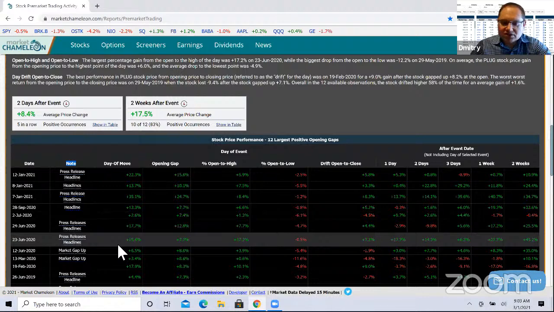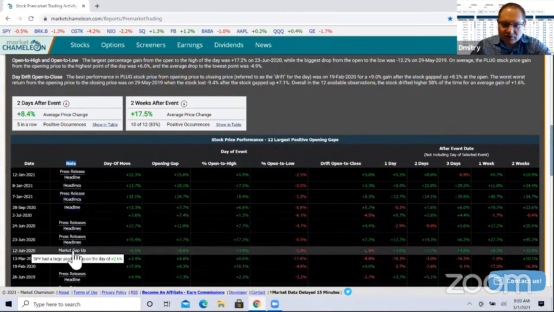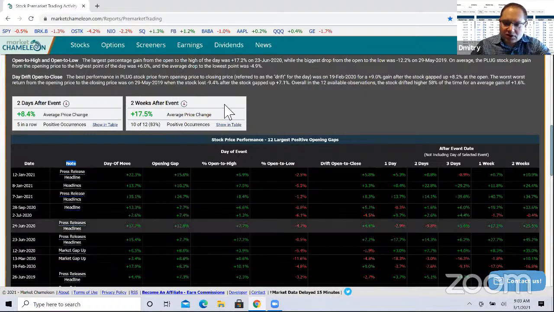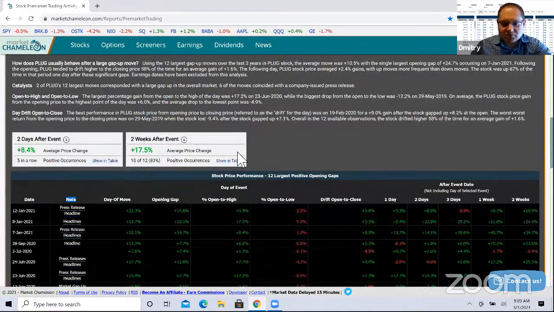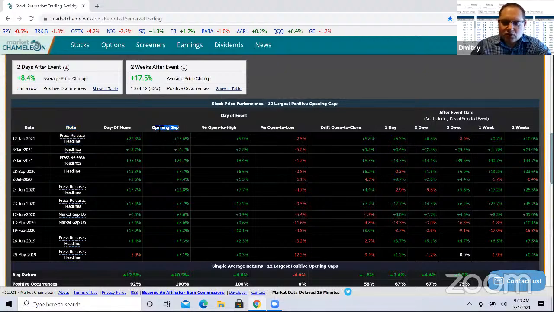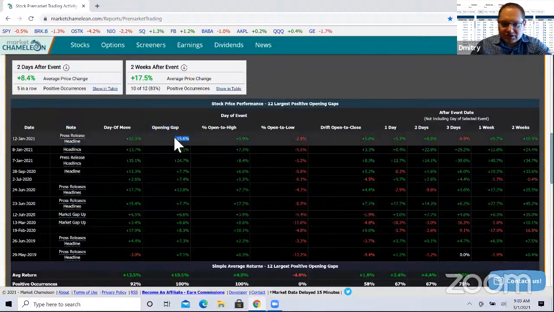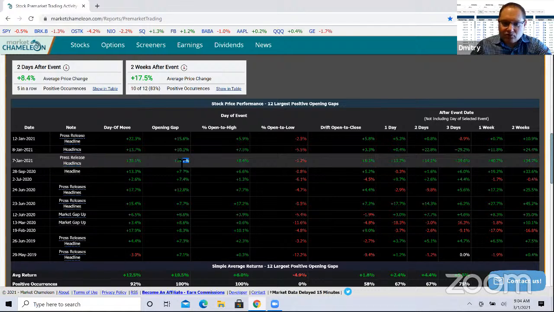If the market was up that day, we also make a note of it. Market had a big gap. For example, June 12th, SPY was up 2.6%. And that could have been one of the reasons that, in sympathy, the stock was up as well. Looking at the last 12 gaps, these are the morning gap moves over here.